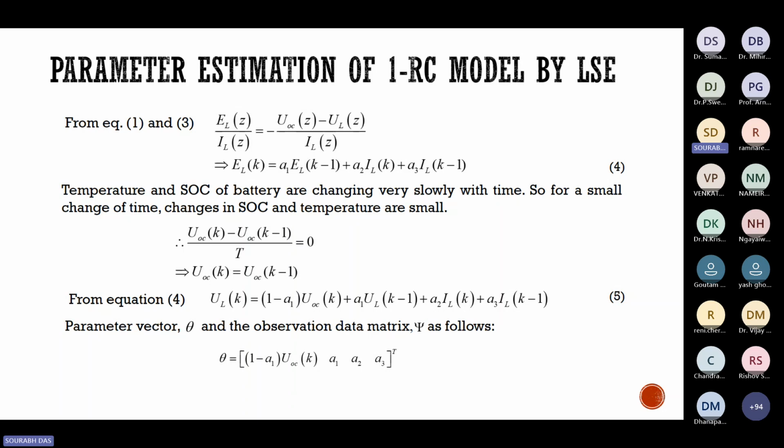So if we consider the parameter vector theta as the unknown parameter value, then the terminal voltage equals the known parameter into unknown parameter. So the known parameter is the observation data matrix, which is phi. So phi equal to 1 minus A1, UOC, A1, A2, A3.